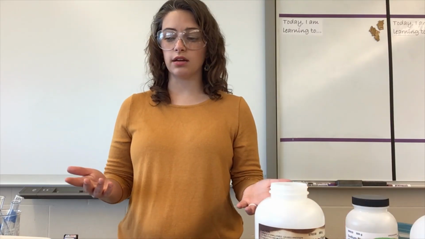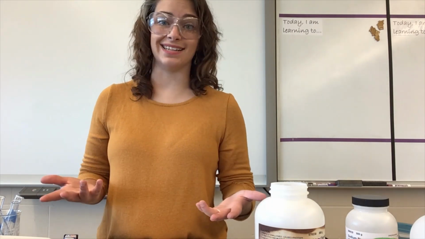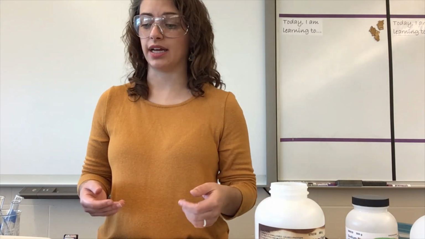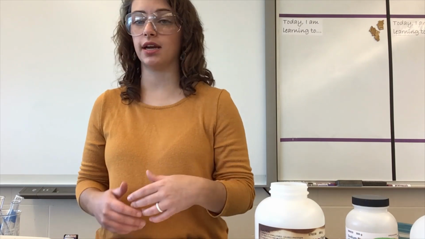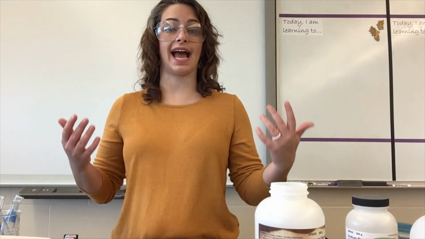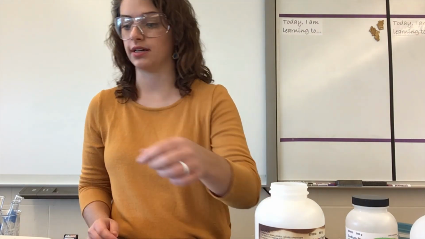Okay, so it's been about a minute that it's been on the hot plate, and it hasn't done anything except honestly smell like it's burning. So I'm gonna go ahead and take it off the hot plate, and we're gonna say that calcium chloride has a high melting point, because it's not melting. It's not doing anything.